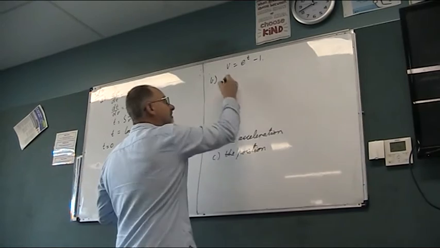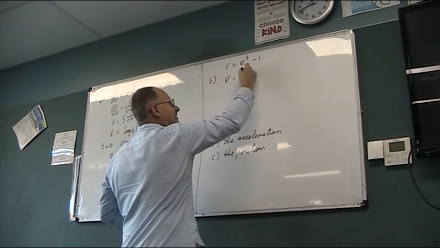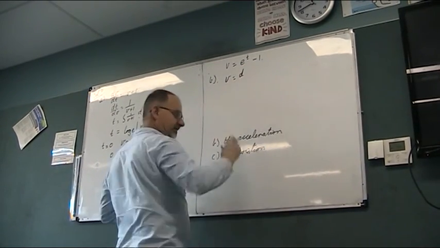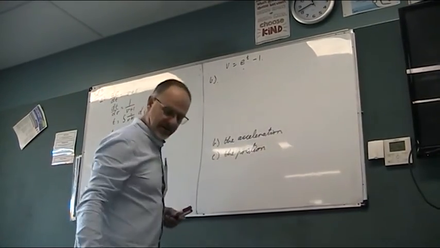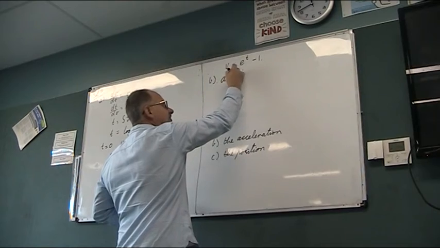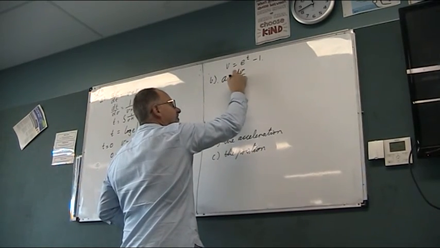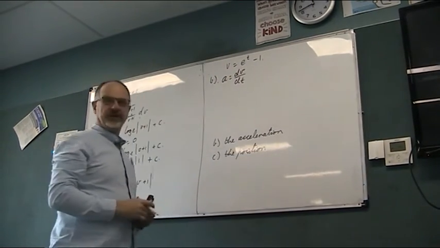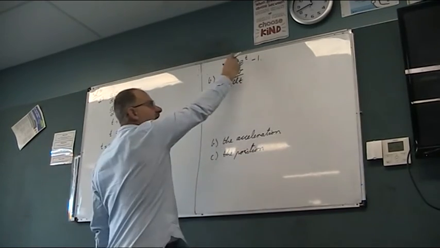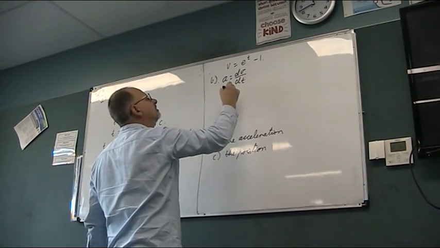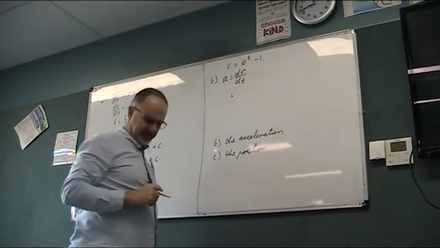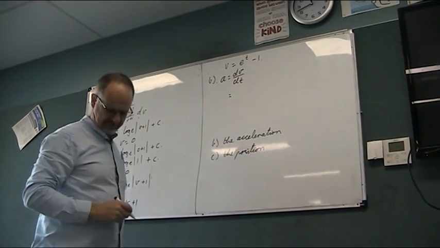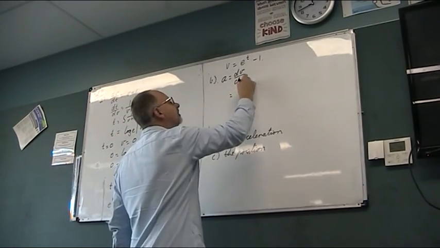I'm getting ahead of myself here. Yeah, acceleration is dv/dt, isn't it? So we simply need to differentiate that. And so when we differentiate e to the t minus 1, what do we get? e to the t.